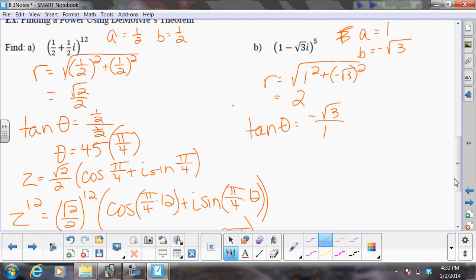In quad 2, we're looking at a reference angle of 60. So we're looking at 60, quad 2. 120, that seems weird. This can't be right. I'm so not in quad 2. This is quad 4. What am I talking about? Down, over. Yeah, we're in quad 4.